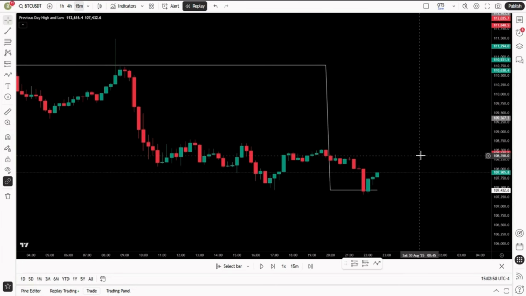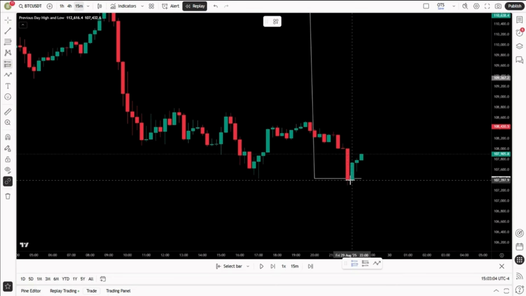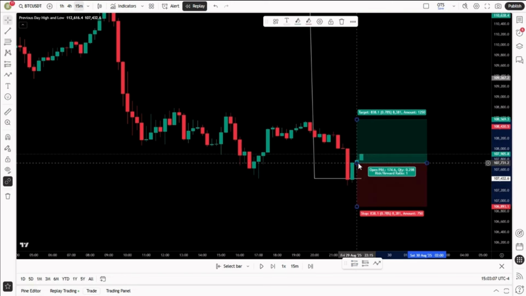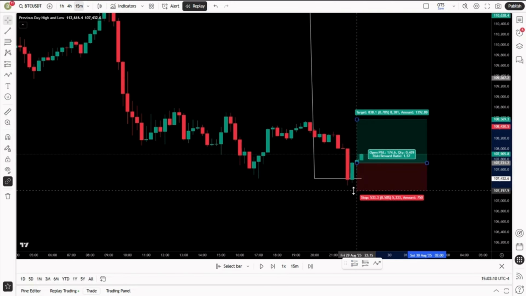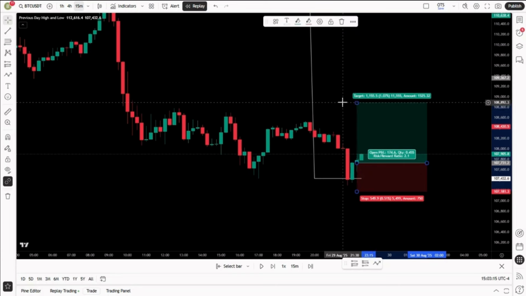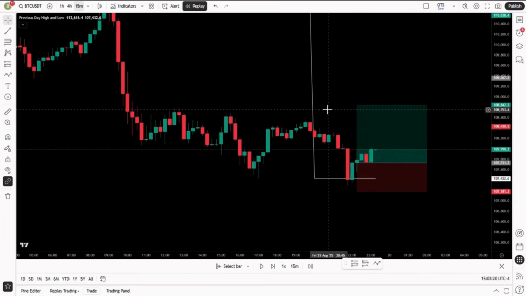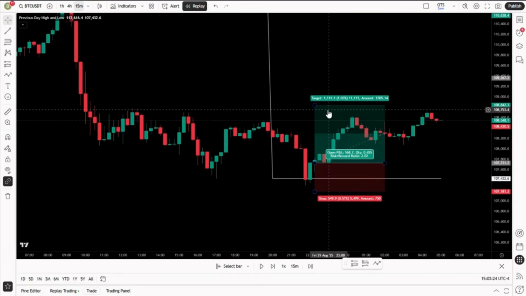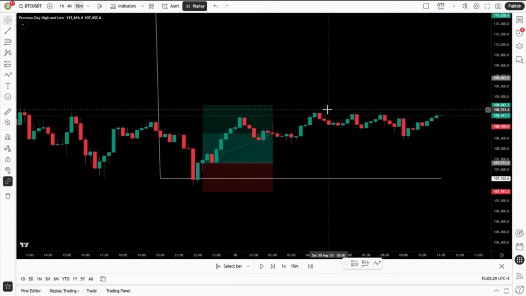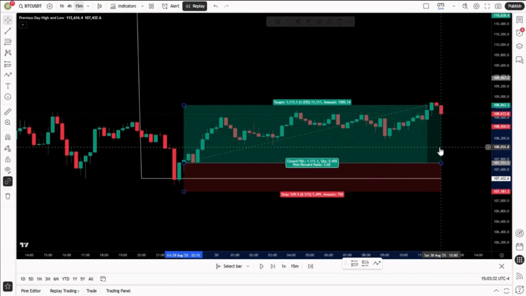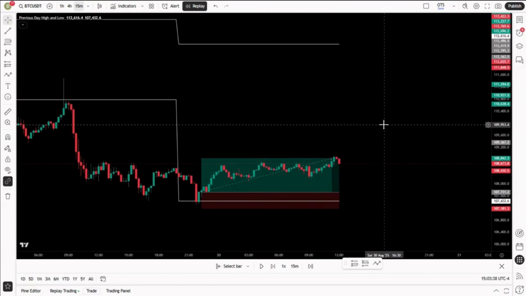Here, we have a valid setup. Price took out the low and reclaimed the range again. We will put the stop loss below the low and we will aim for a 2 risk to reward. And price hit our take profit.